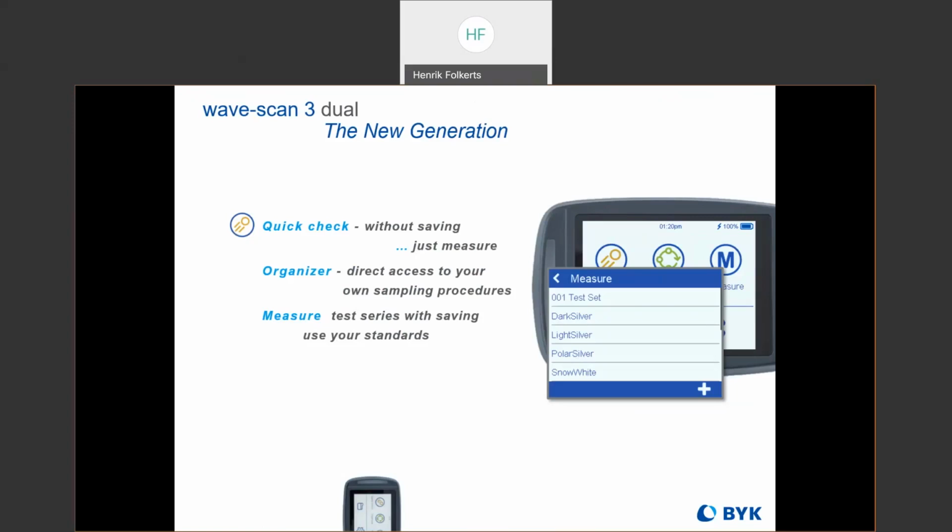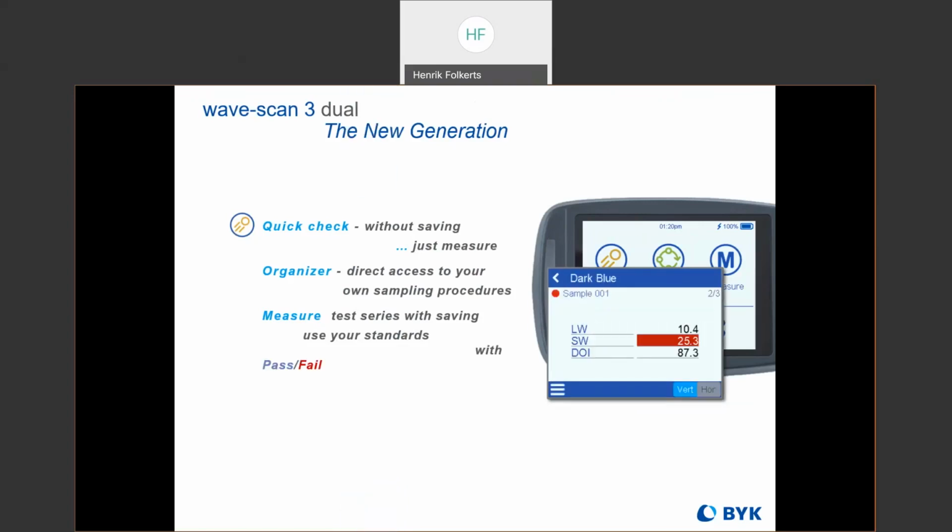The controls are much easier, and it allows for certain things that the older WaveScan models didn't. For example, you can do a quick check, which is just a quick measurement of a surface without having to activate a memory or an organizer, without having to save the data and then delete it later. If you just want to take a measurement and just see some values, this new unit allows you to do that.